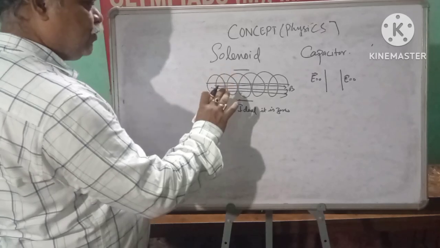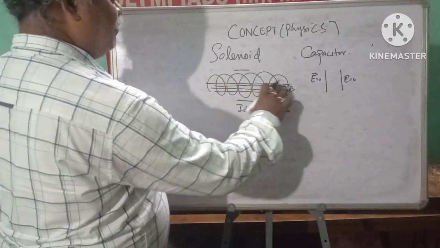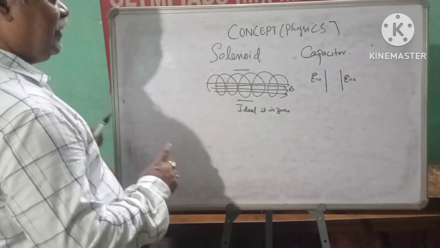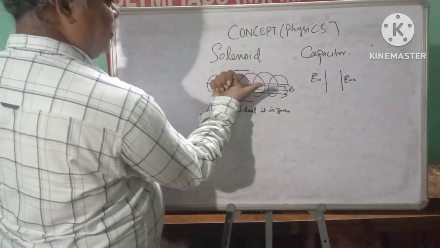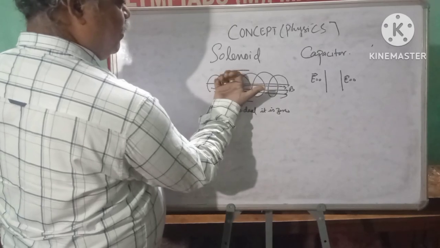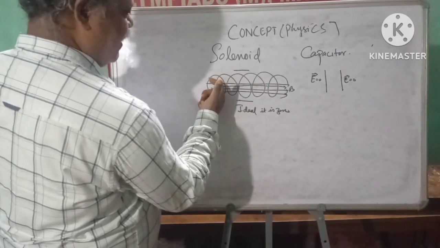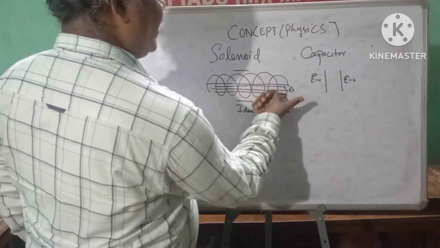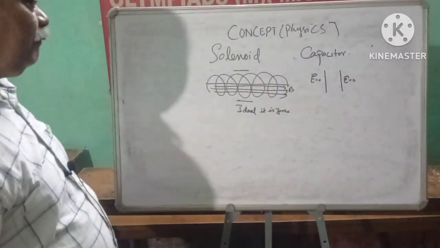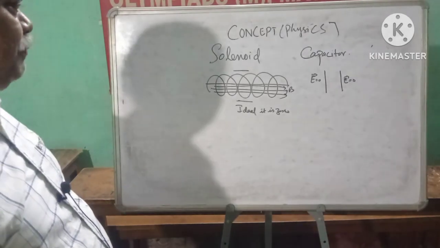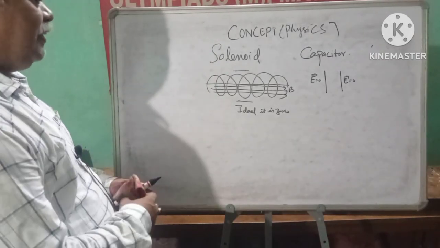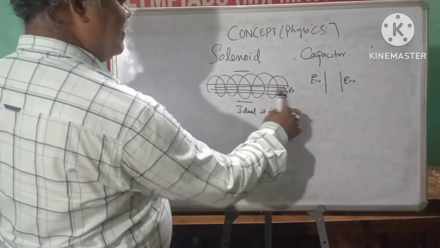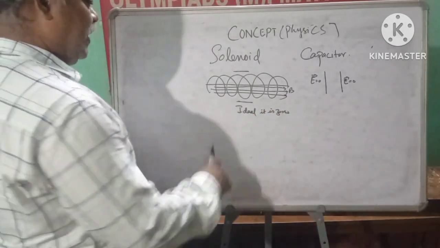It is very less, so it is ideally 0. Only the magnetic field is inside the solenoid, and the direction is given by the thumb rule: the curled fingers give the direction of the current, and the thumb gives the direction of the magnetic field. So this is the concept.